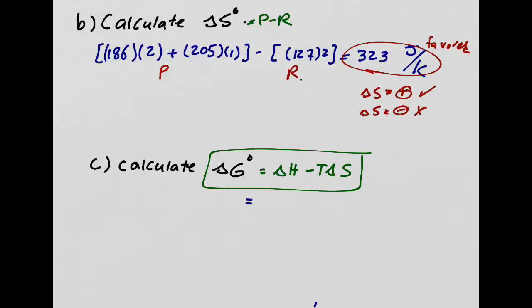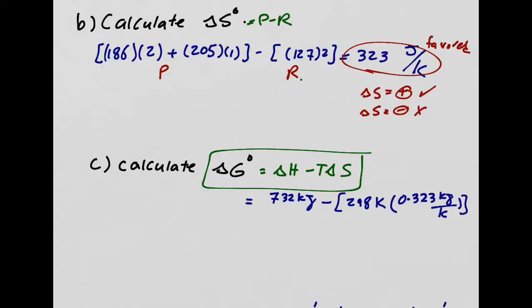So delta H is going to be 732 kilojoules. Minus, what is my T? My T is 298 because we said this is at standard conditions. That would be 298 Kelvin times, I'm going to convert joules to kilojoules, so 0.323 kilojoules over Kelvin.